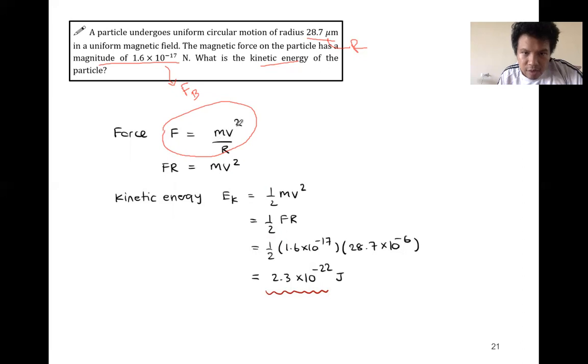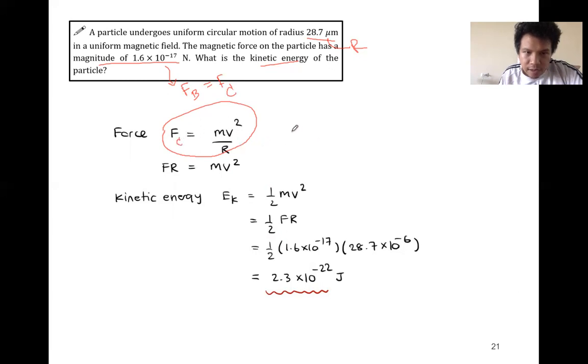I think this is not necessary to be the case of magnetic fields, but any kind of circular motion. If you know the force that is acting toward the center, we say that centripetal force is mv squared over r.